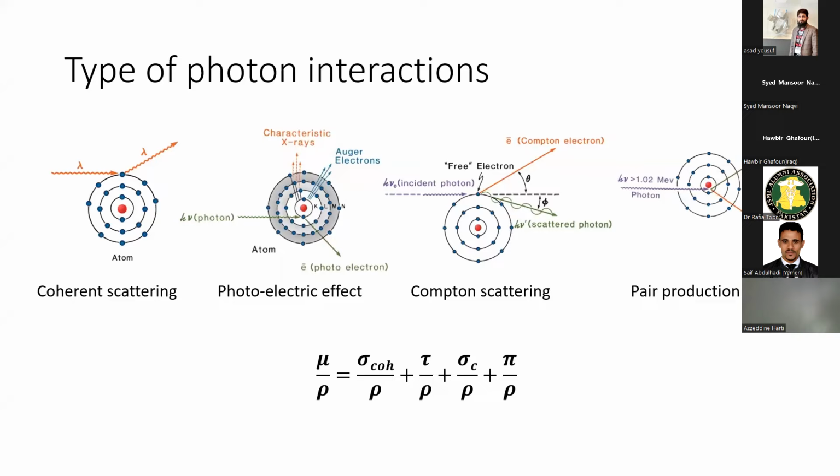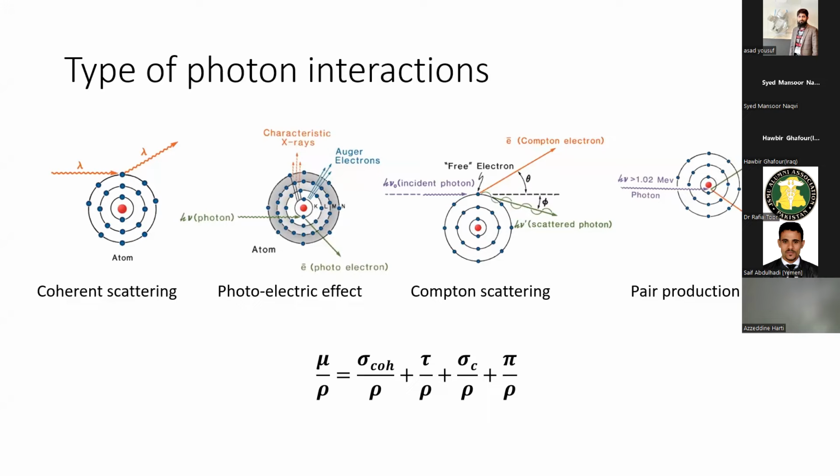Whereas in Compton scattering, the photon energy is quite high compared to the orbital electron binding, and it usually interacts with a free electron. The term free here means that the binding energy of the electron is much less than the energy of the bombarding photon.